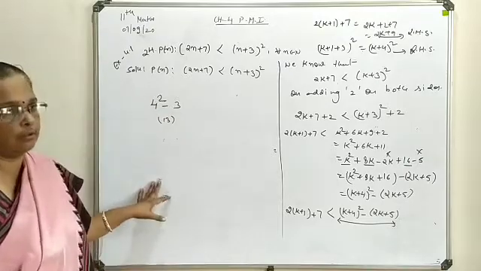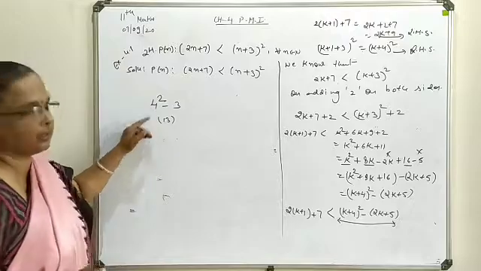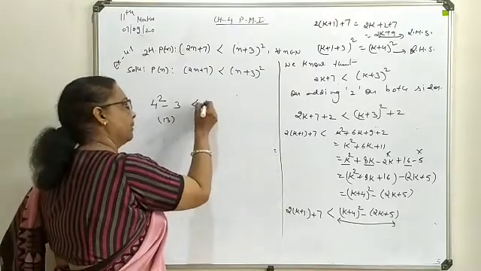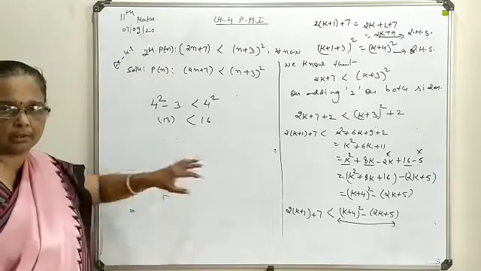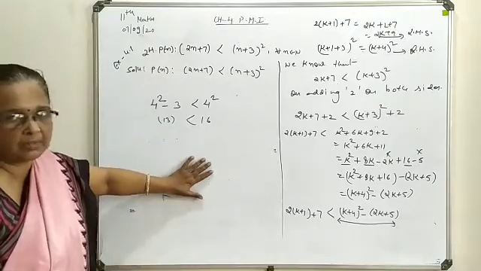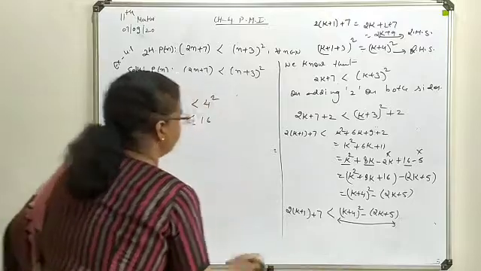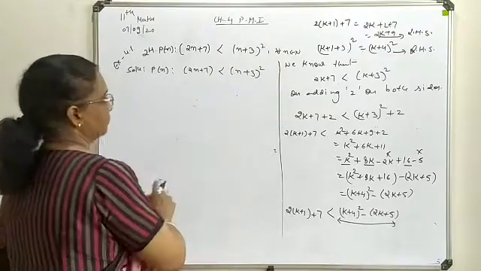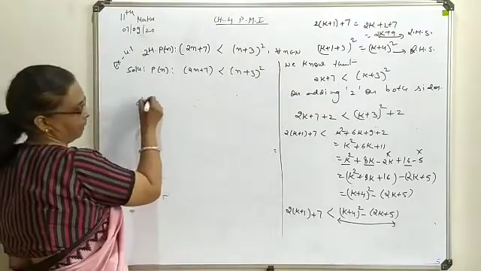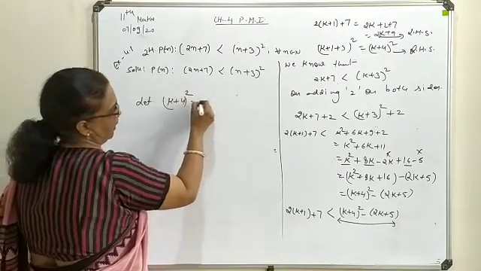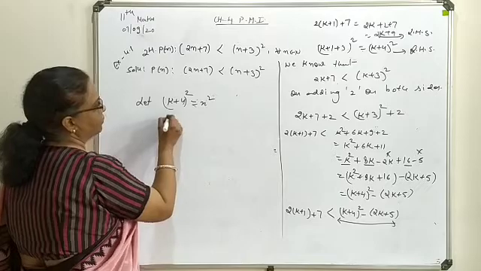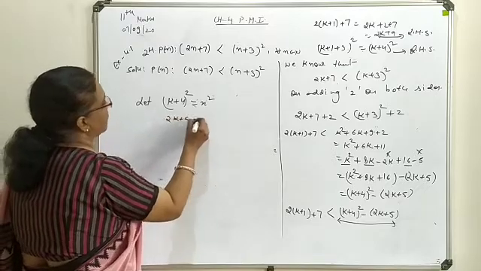If this calculation I compare with this square quantity only, so this will be 4 square means 16. So obviously this relation you can maintain over here. So here also the same thing is going on. Suppose we take k plus 4 whole square as x square and 2k plus 5 as y.